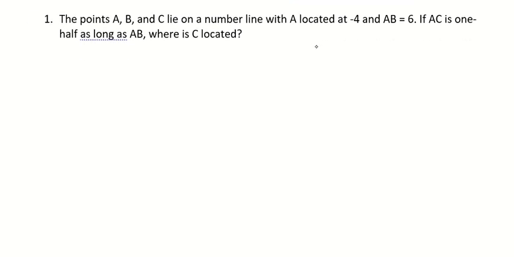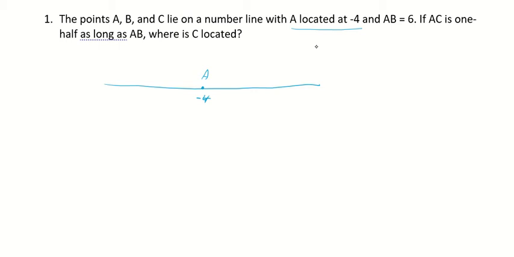Question number 1. Points A, B, and C lie on a number line, with A located at -4. It's a good idea to put that specific location right in the center of the line.